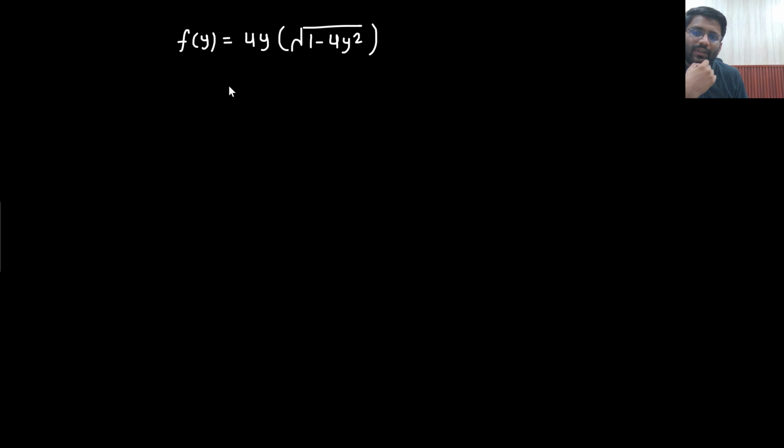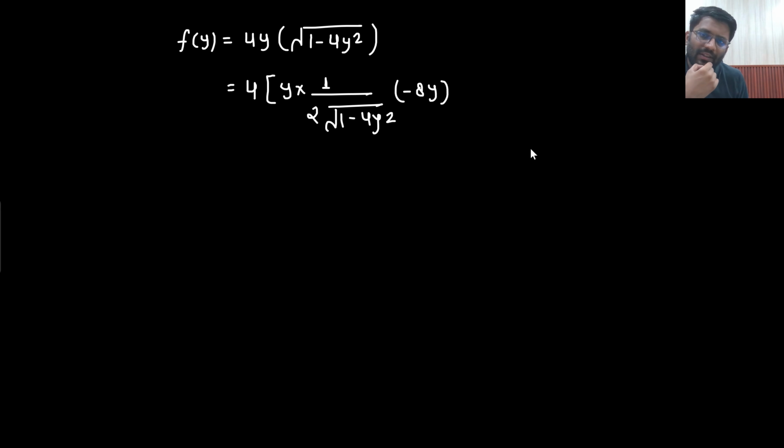4y into under root 1 minus 4y square. First as it is, under root 1 minus 4y square into 4y differentiated, plus under root 1 minus 4y square into 1. 4 you take outside, 1 as it is, differentiation of this is 1 by 2 under root into minus 8y, and this is the scenario.